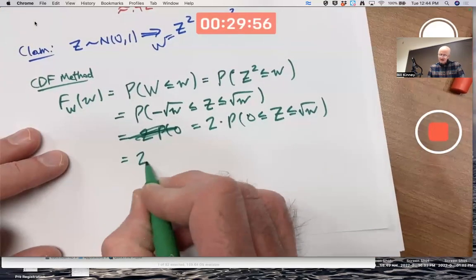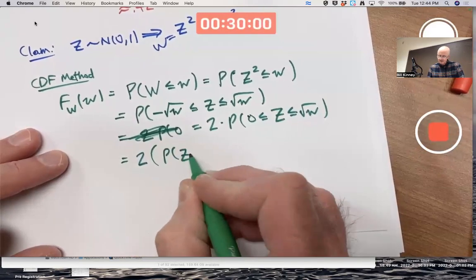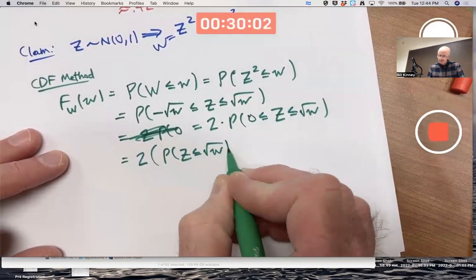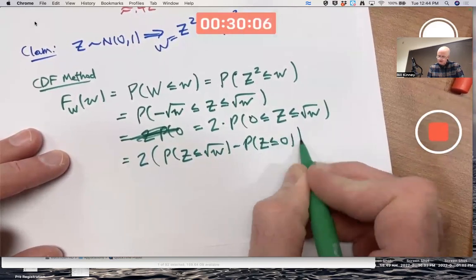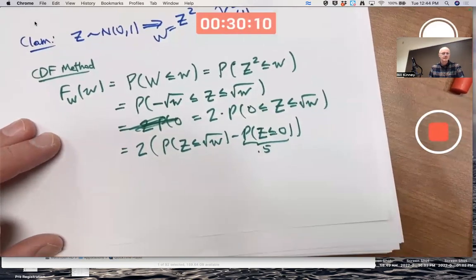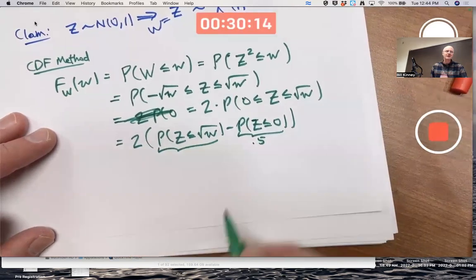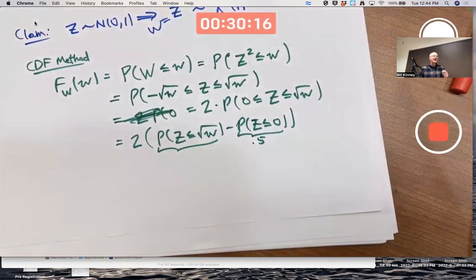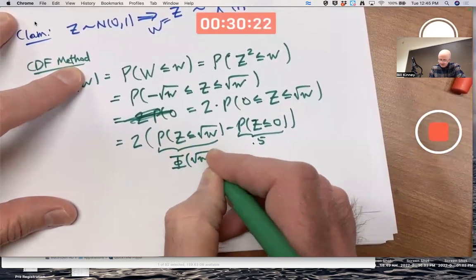I could ultimately write that as 2 times, in parentheses, the probability that z is less than or equal to square root of w minus the probability that z is less than or equal to 0. For a standard normal, this would be 0.5. And if I want to use the standard normal CDF notation, this is not required, I could use a capital phi of square root of w.